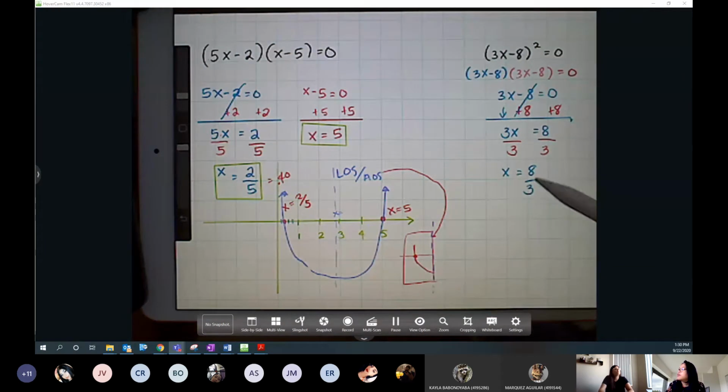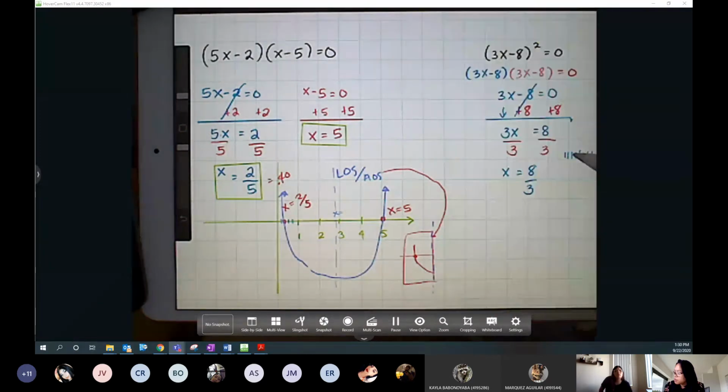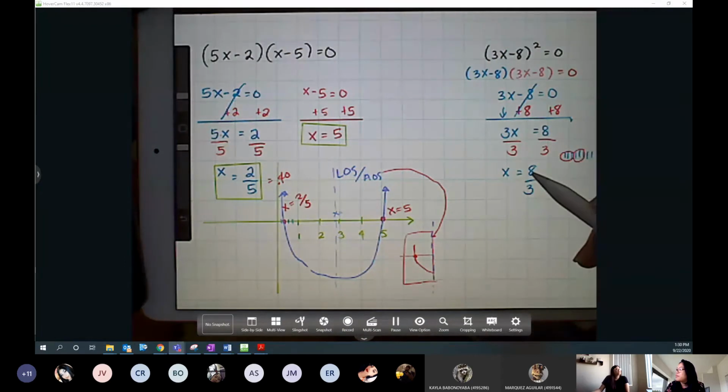All right, can 3 go into 8? Yes, because 8 is bigger than 3. So we kind of make 8 tick marks, group them in 3, because it's easier to do tick marks if you have a small number. Okay, so we formed 2 groups.